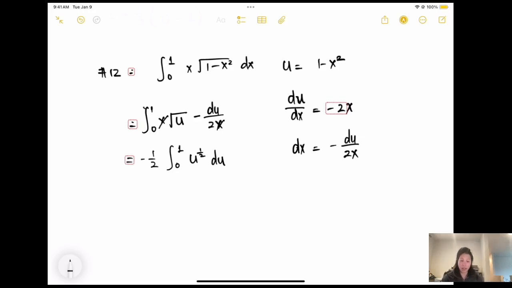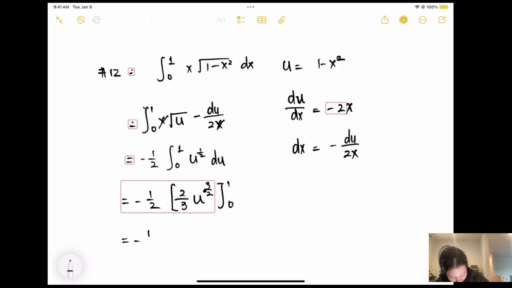Now when we find the antiderivative of u to the 1/2 power, it is equal to negative 1/2 times 2/3 of u to the 3/2 power, from 1 to 0. We can pull out the 2/3, so I have 1/2 times 2/3 times u to the 3/2 power from 0 to 1.